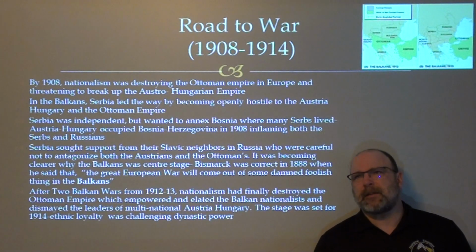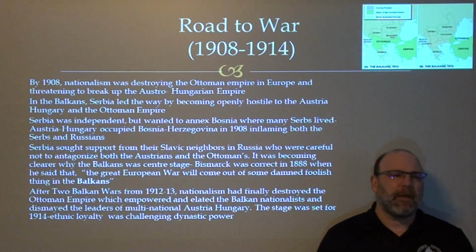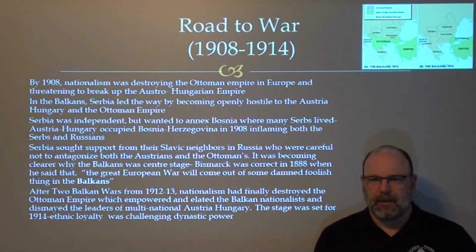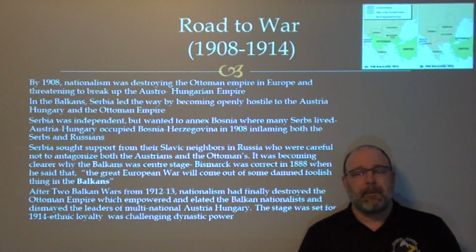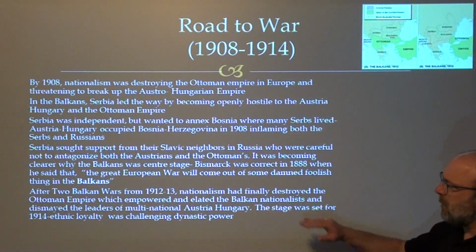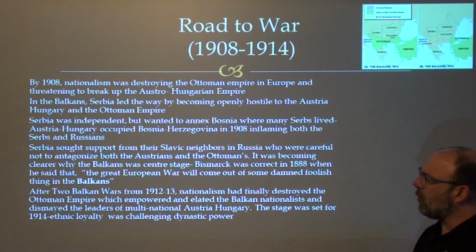And the irony is that the more unstable the Austrians felt, the more they felt the need to clamp down. It was almost the opposite of what they should do, but that was part of that insecurity. The Austro-Hungarian Empire had had problems for generations as a result of nationalism, but it was really coming to the front in 1914.